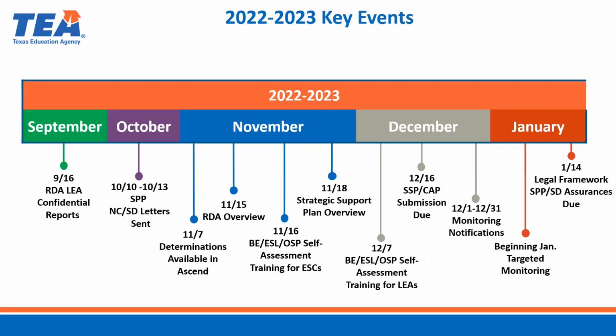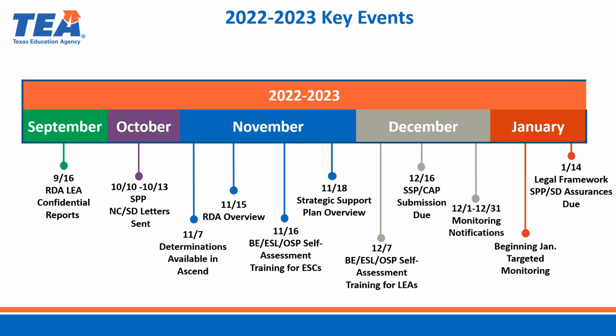On December 7th, a Bilingual Education, English as a Second Language, Emerging Bilingual, and Other Special Population Self-Assessment Training Session for LEA personnel will be facilitated by Susie Coulters and Ronald Bragg.